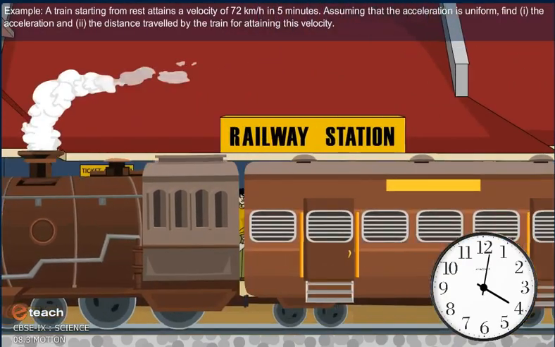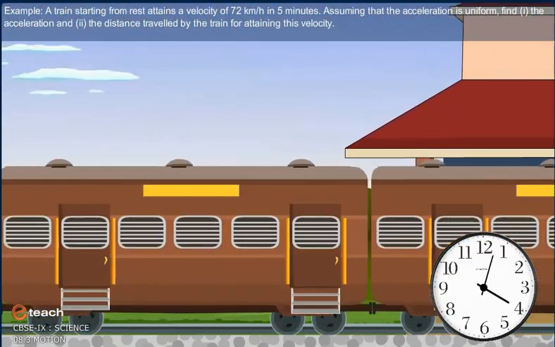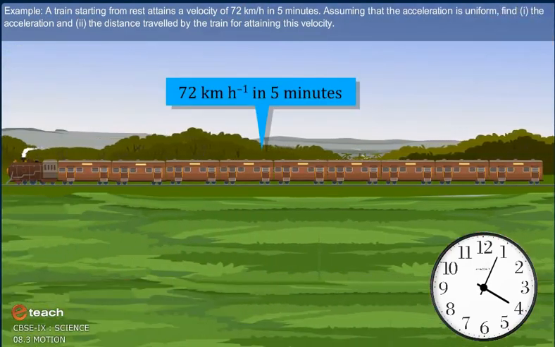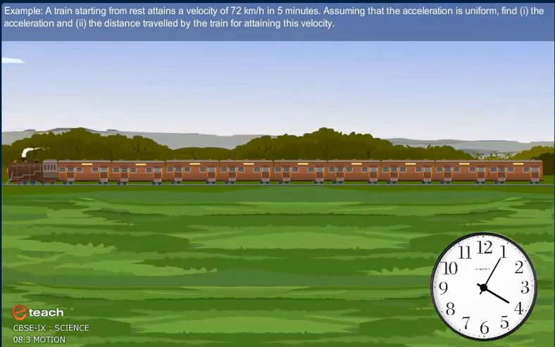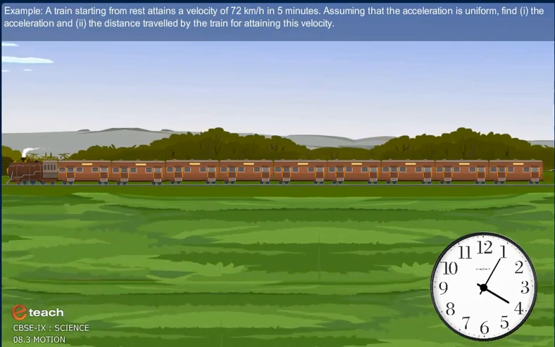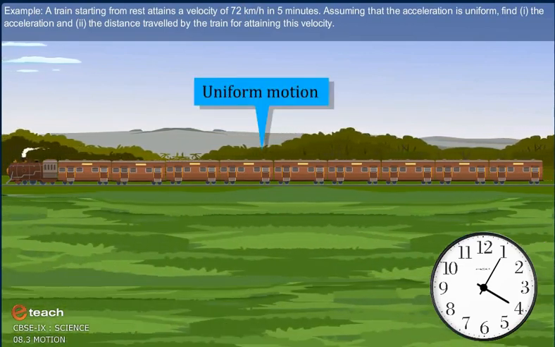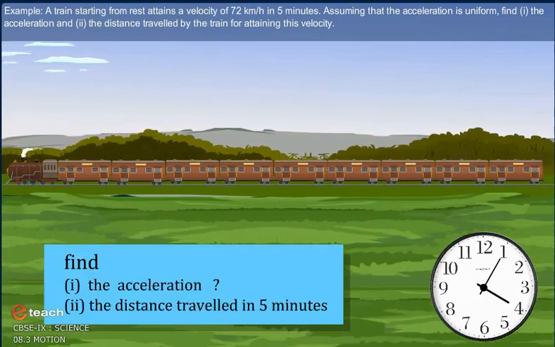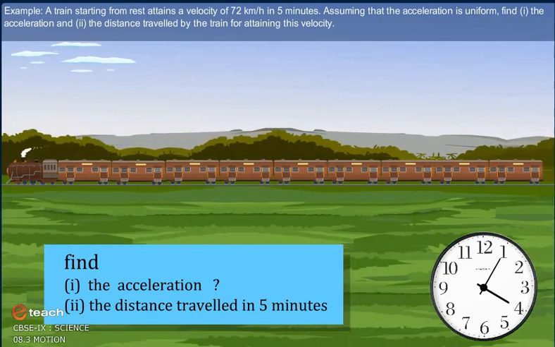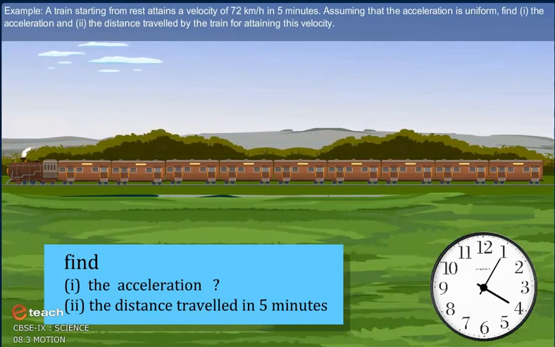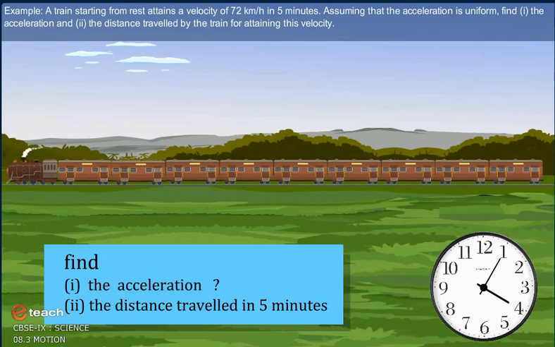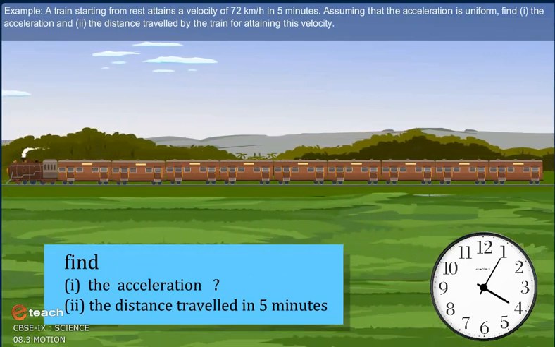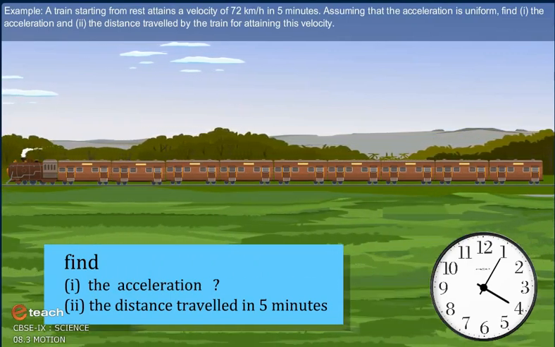Example: a train starting from rest attains a velocity of 72 km per hour in 5 minutes. Assuming that the acceleration is uniform, find the acceleration and the distance traveled by the train for attaining this velocity.